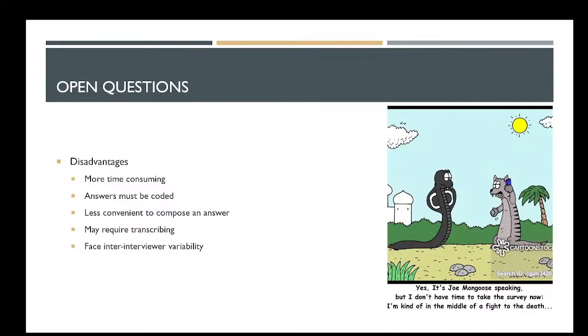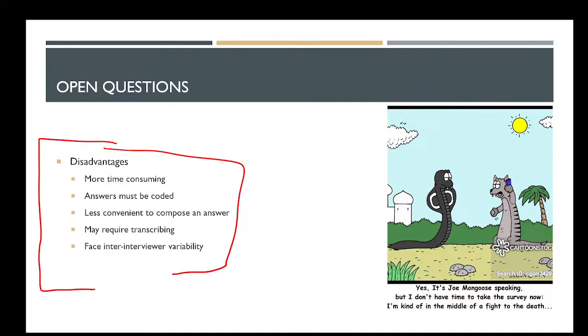Okay, disadvantages. They are a giant pain. They're much more time consuming to analyze, right? Because you have to transcribe and code everything. So they're time consuming in two ways: the analysis, but even for someone answering them.